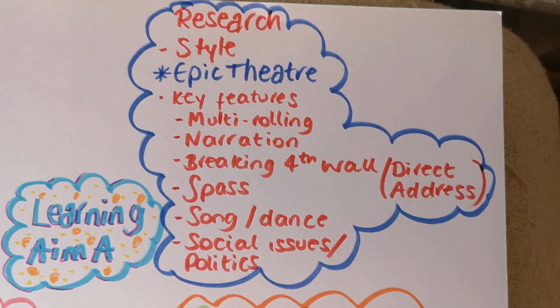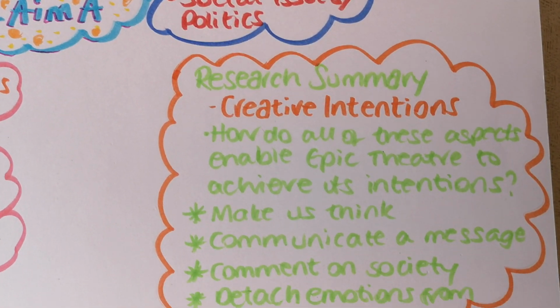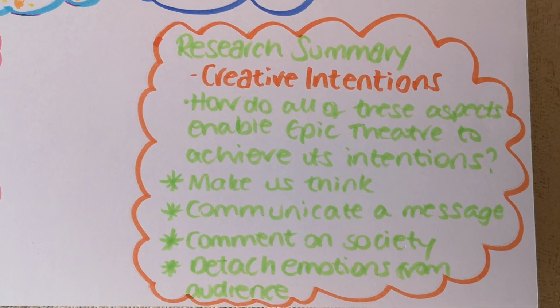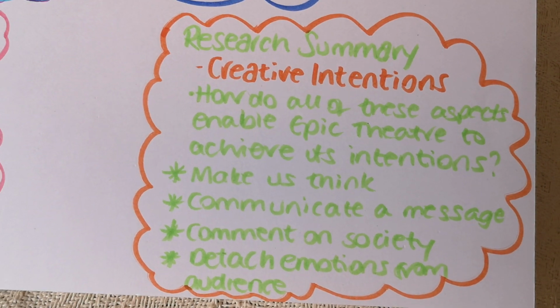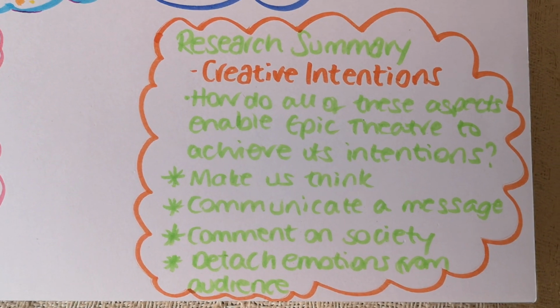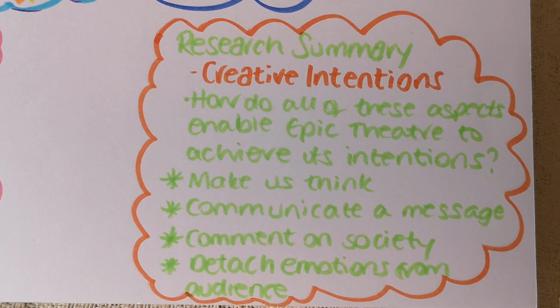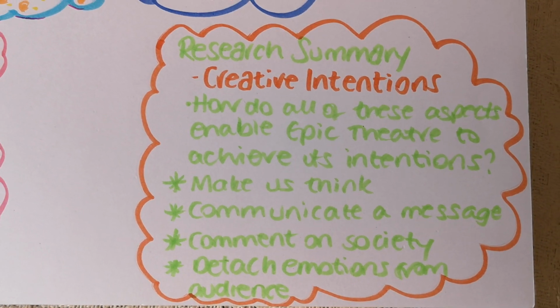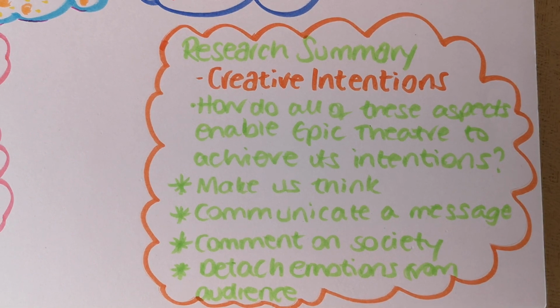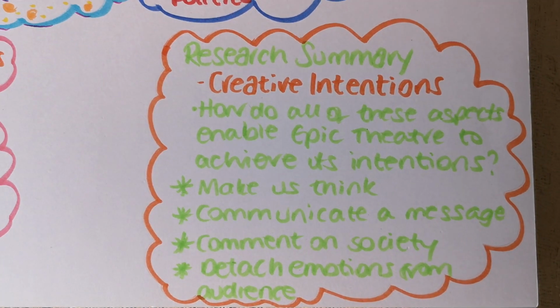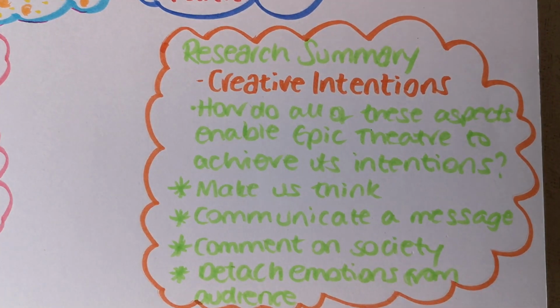And it's the sort of thing that epic theatre is relevant across all ages, across all different types of people and different backgrounds, because it always relates to something in real life. Not necessarily a real story, but something that we as human beings can always interact with and connect with.